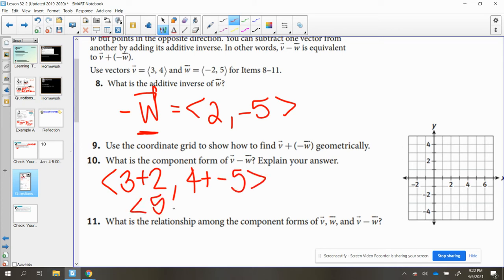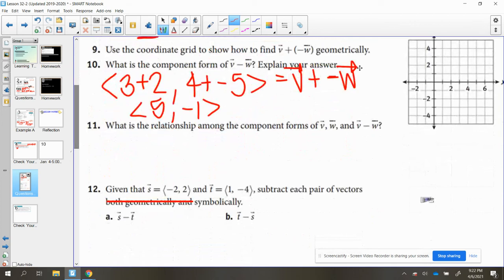So we get a final answer of 5, -1. And if we graphed each of these and looked at the resulting vector, it would move 5 to the right and down 1. Now, this results from looking at v plus negative w. It's the same idea as v minus w.